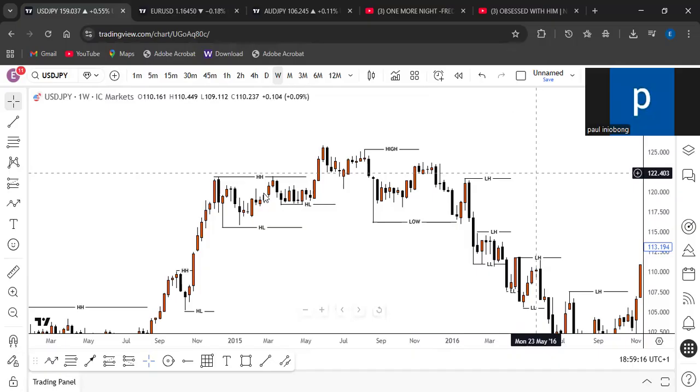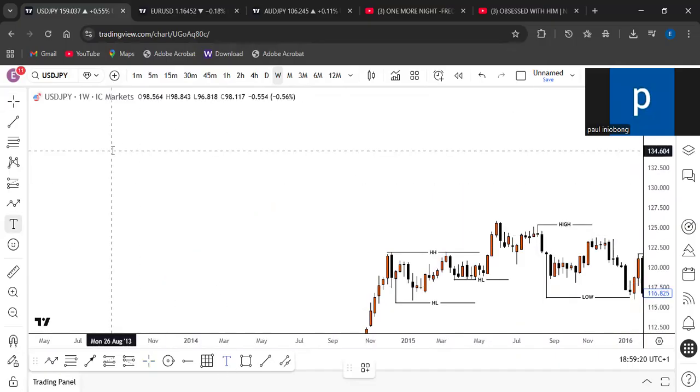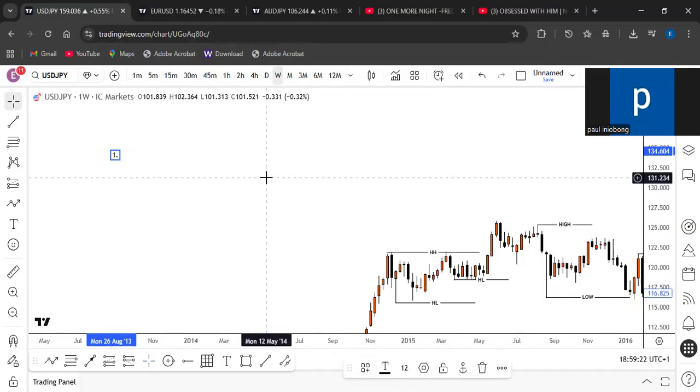Then let me give you some of the rules that I play with when it comes to studying market structures. Number one, every high must have a low.